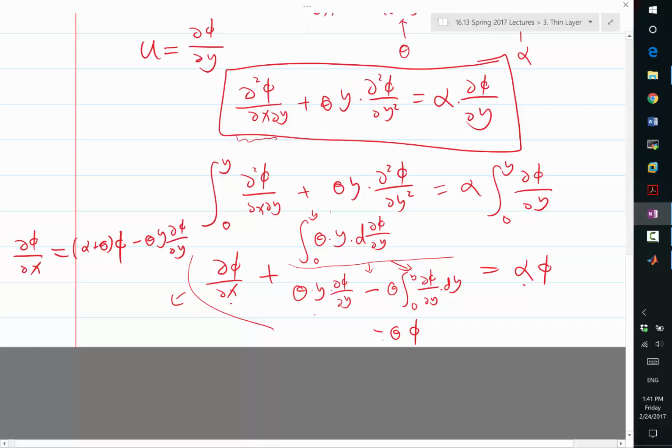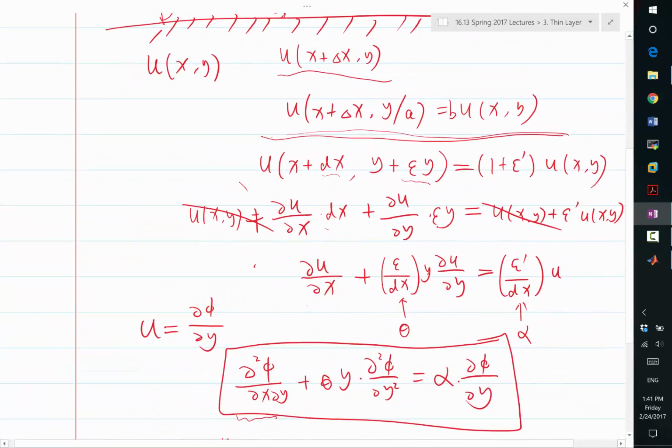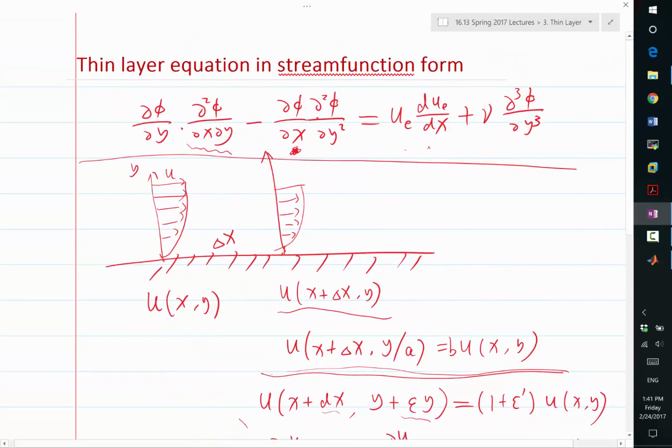That completes our goal of representing partial phi partial x as functions of phi and the derivatives in y. At this point, we have the upper box and lower box. Substitute into this momentum equation in stream function form. We are going to get an equation that has nothing in x.